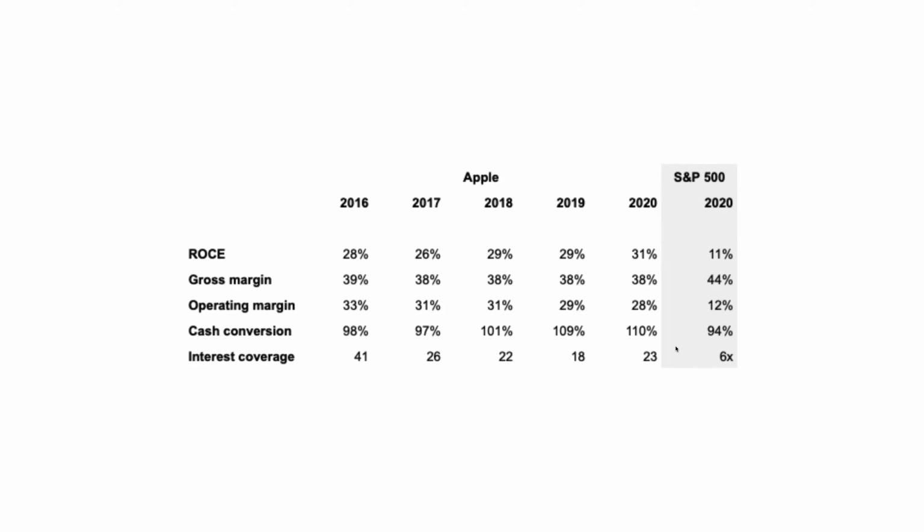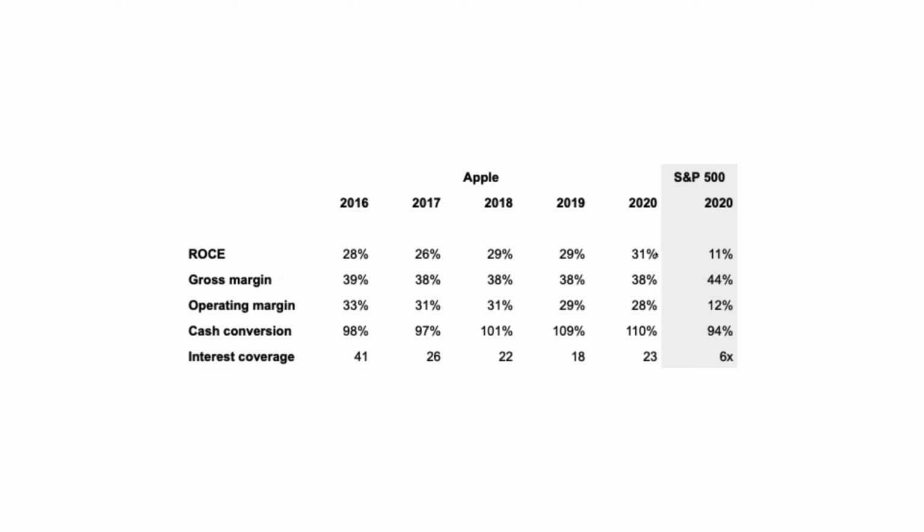Now ROCE stands for return on capital employed. How much capital does the business take in, and how much does it generate? If you eyeball it, how much on average is Apple generating? About 30%.